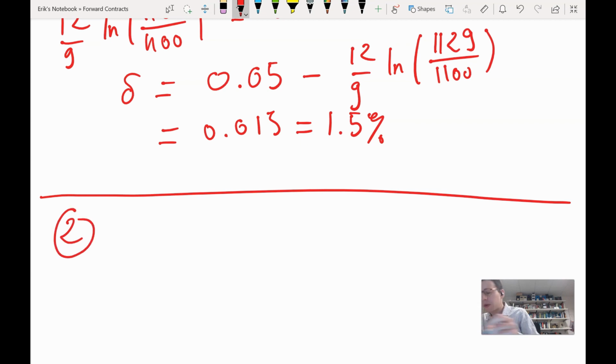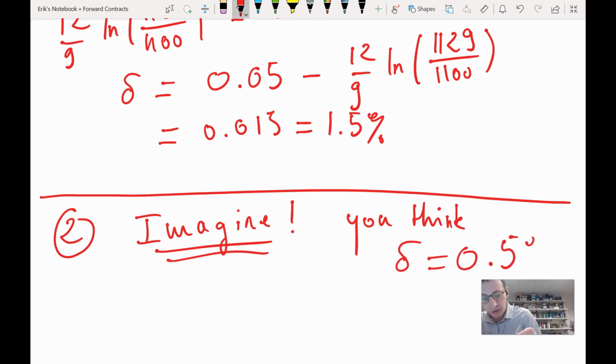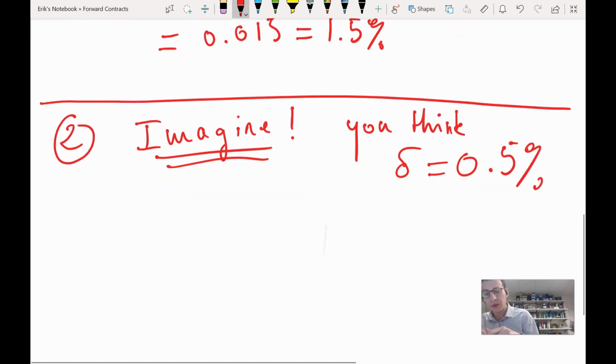Now let's do the second part. The question was, imagine that you found out, because you're an excellent analyst, that you think that delta is now not equal to 1.5%, but it's equal to 0.5%.